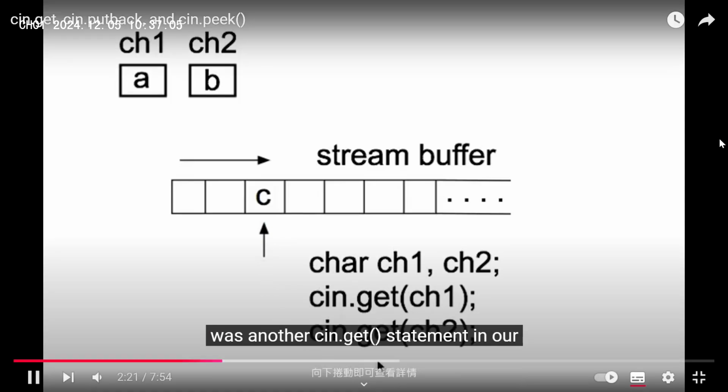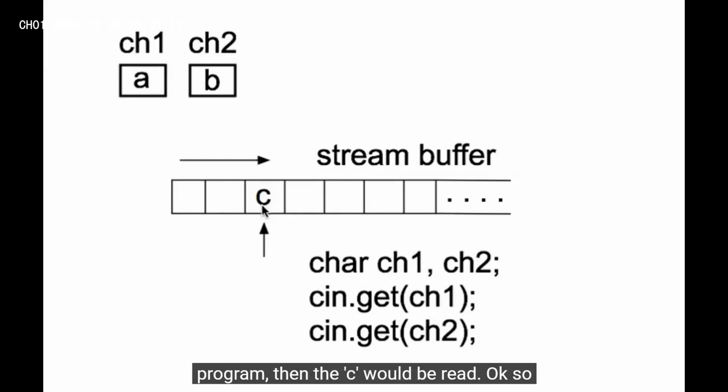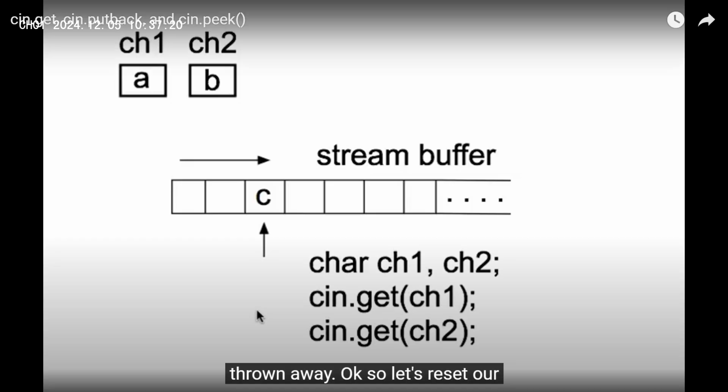Otherwise, if there was another cin.get statement in our program, then the C would be read. Okay, so it's stored for further input, regardless. And if the program terminates, then it's thrown away.